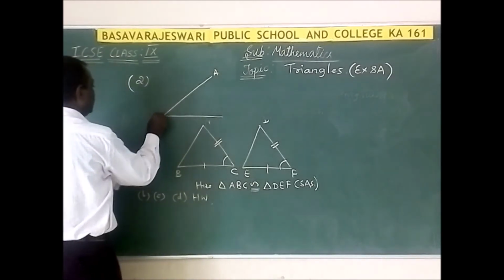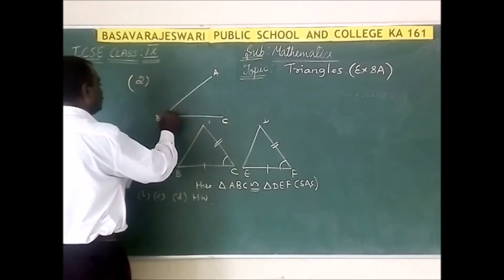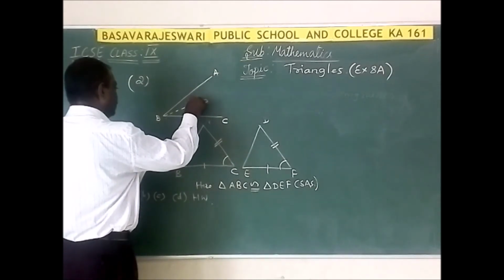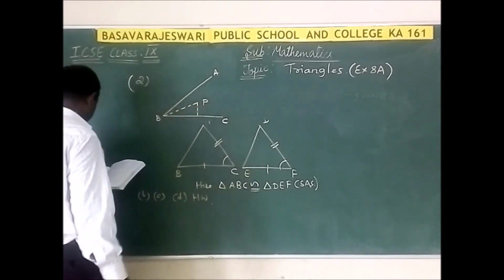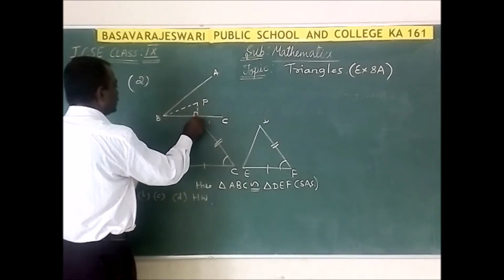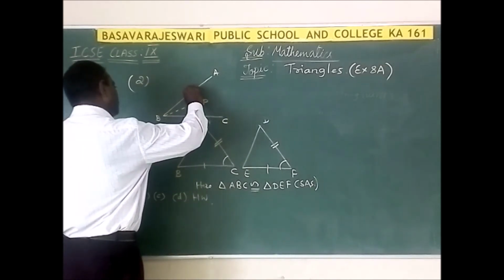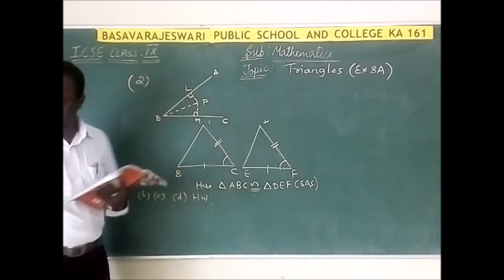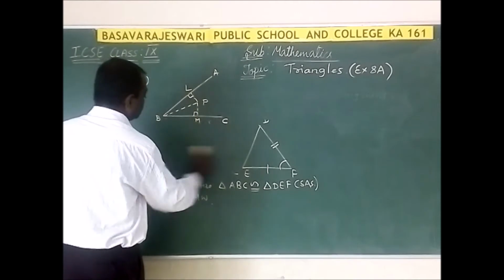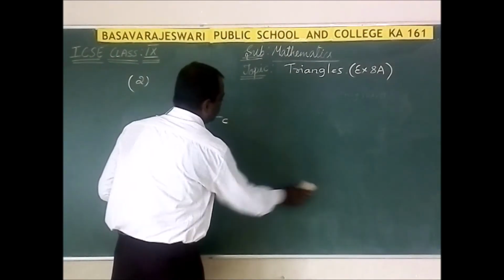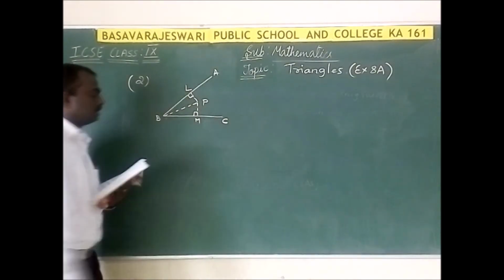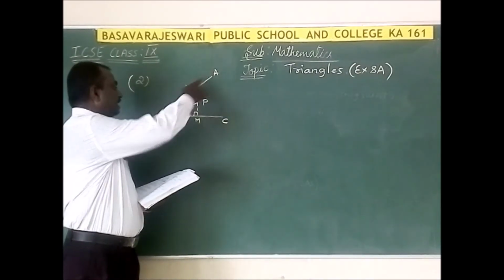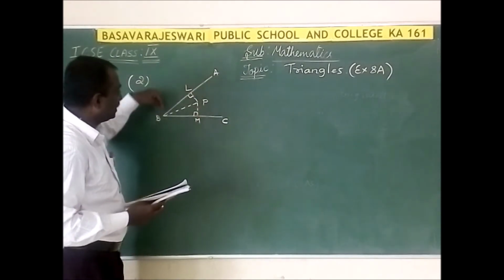A, B, C, and this is P. Draw a perpendicular from P to BC and mark it as M. Similarly, draw a perpendicular from P to AB and mark it as L. So this is the figure they are given, and they are saying that P is a point in the interior of angle ABC. It is inside the angle ABC.